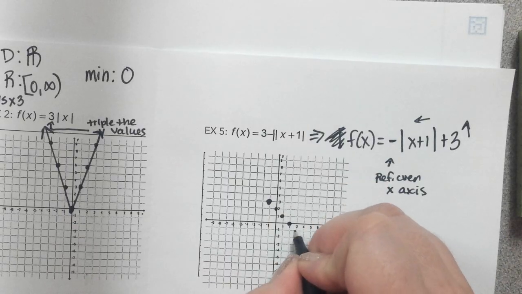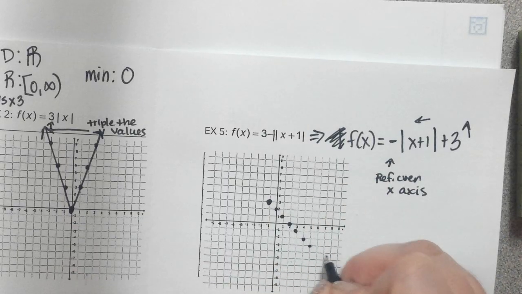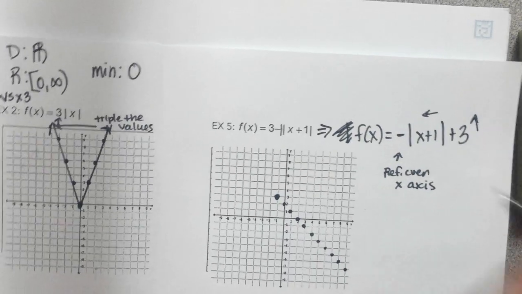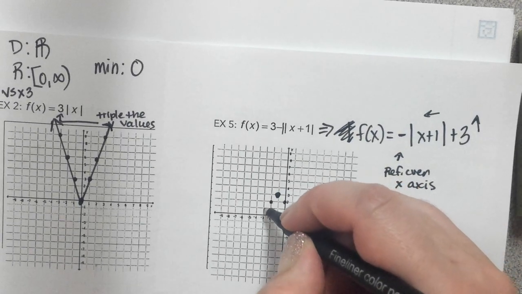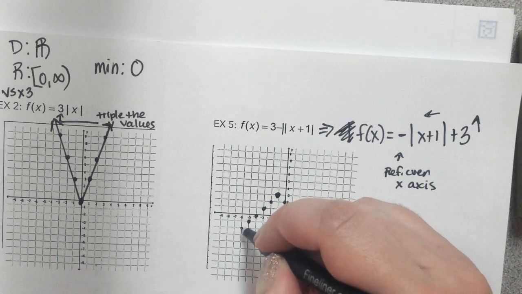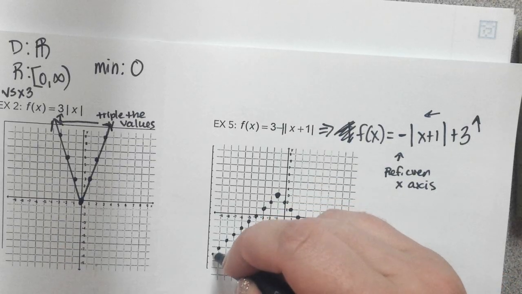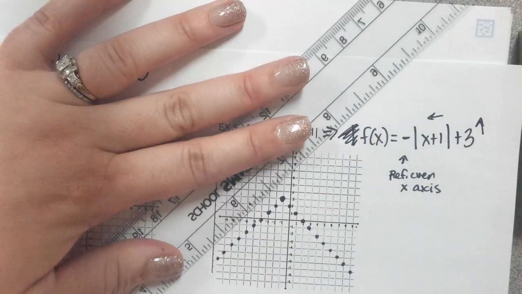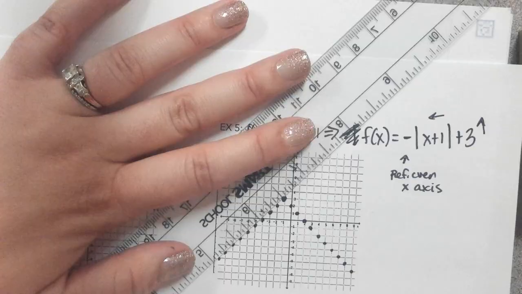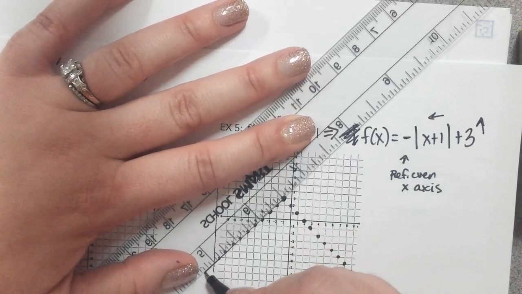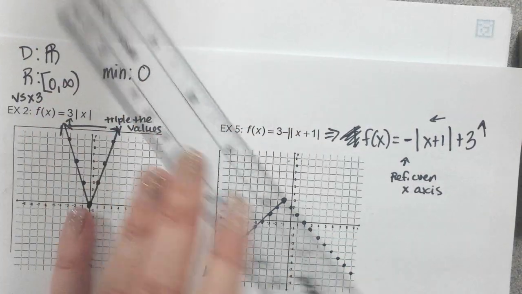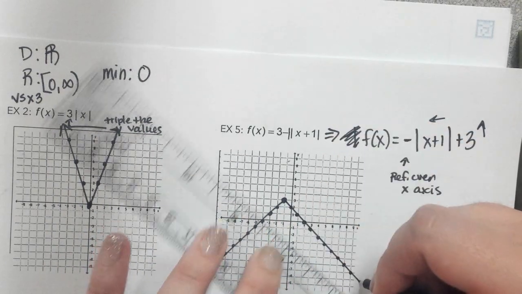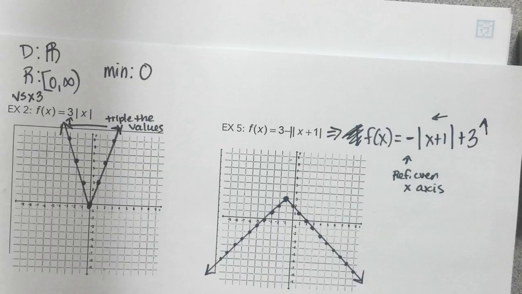The first slope is negative 1, and then to make that V have a slope of positive 1 on the other side.